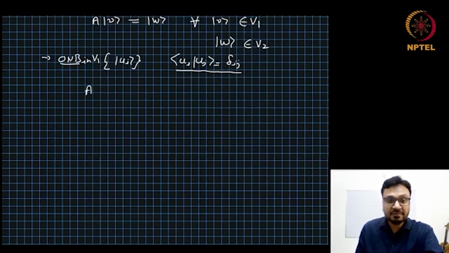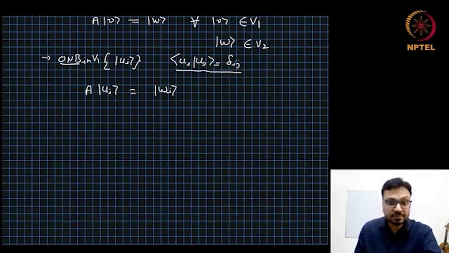Now, if we know the action of A on all the vectors of V1, then we know the action of A on ui also. And let us say we get wi as output. If you remember the properties of orthonormal bases, they are complete, which means we can write any vector as a linear superposition of the ui.